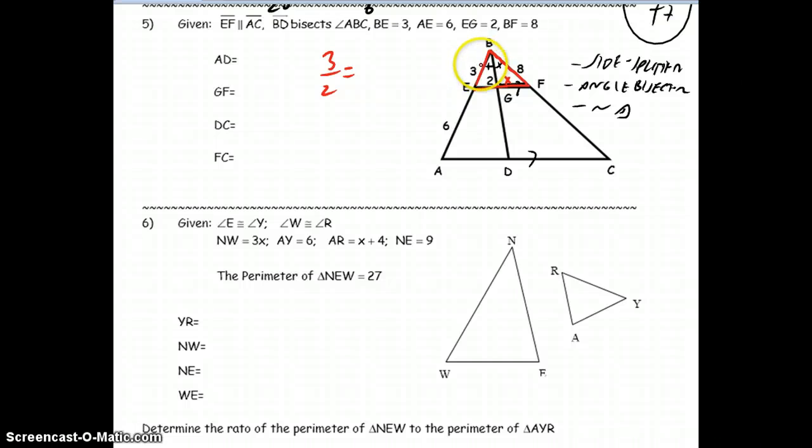So I went from the side to the bottom. So what is that? 16 thirds, and so that's GF. 16 thirds. Okay. All right. So that's with this piece here.